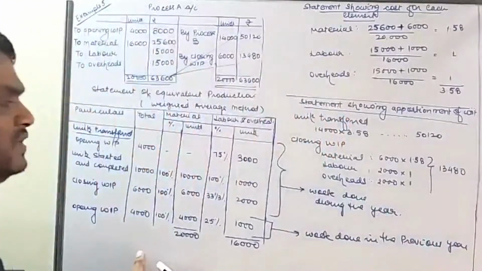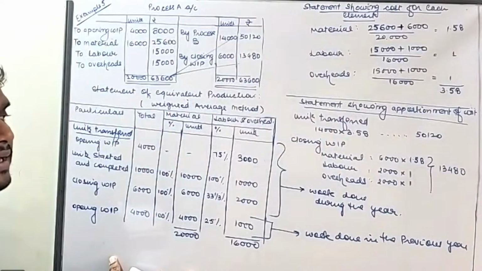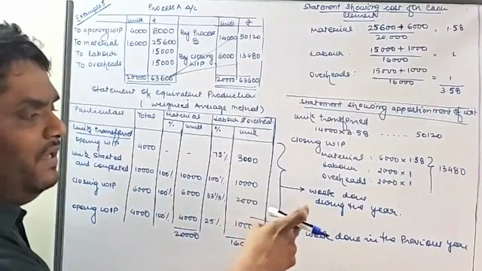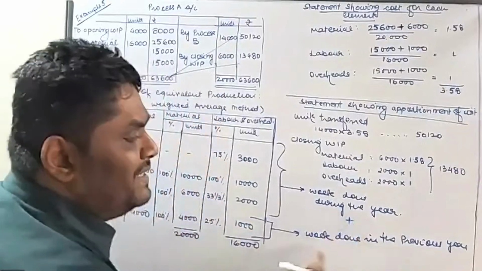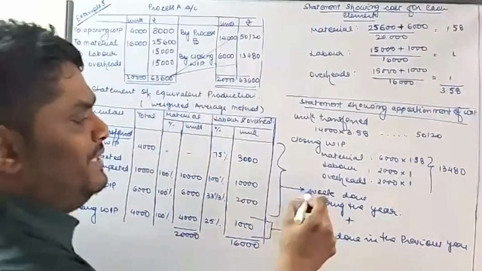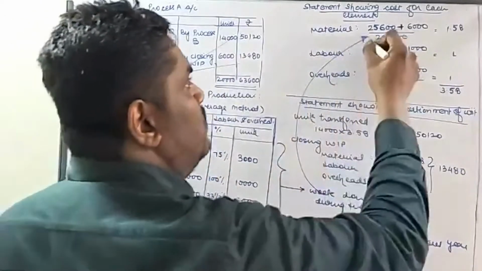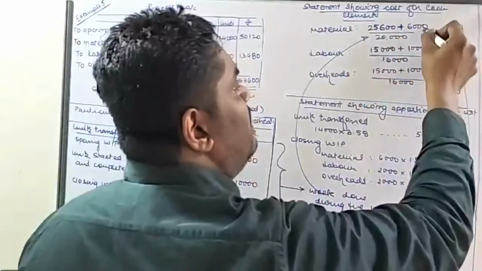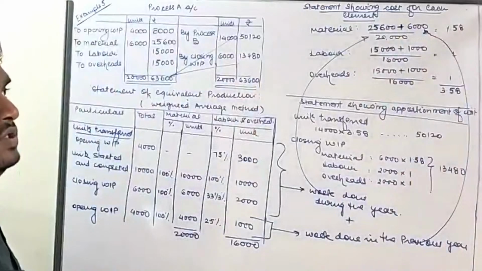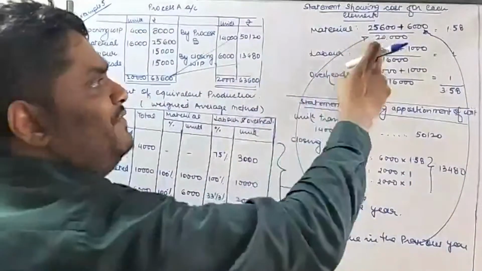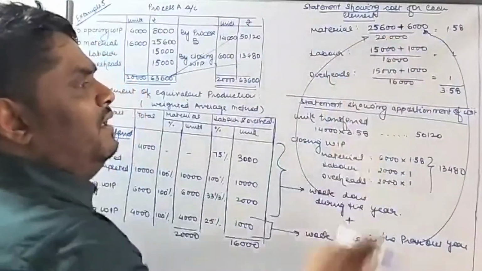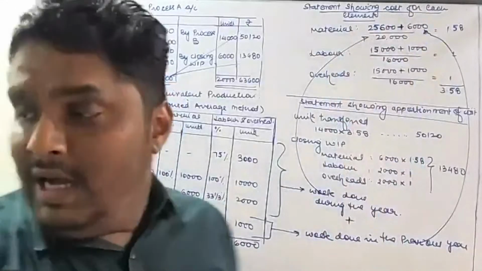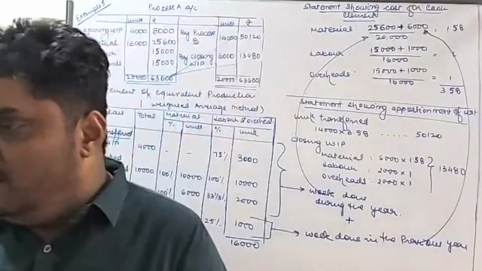I hope now, Mahalakshmi, it is clear that since we are taking the work done during the year plus the work done in the previous year, that's why when talking about the cost also, the cost of the current year and the cost of the previous year. So these units are the units of the previous year plus the current year. Similarly, the cost of the current year plus the previous year. I hope it is clear now, Mahalakshmi.